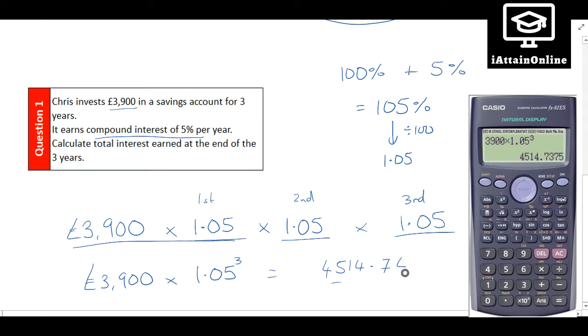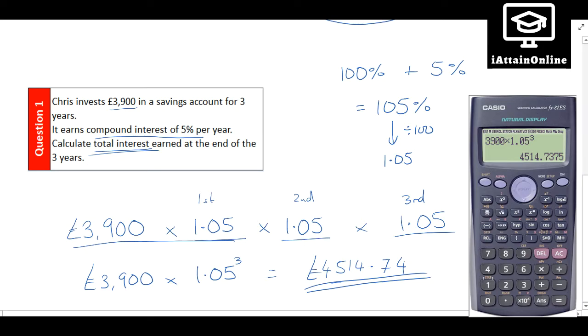Because this is how much money he has at the end, we can now round it. Now that there, remember, is the total amount. This question again just asks for the total interest, not the total amount he has.